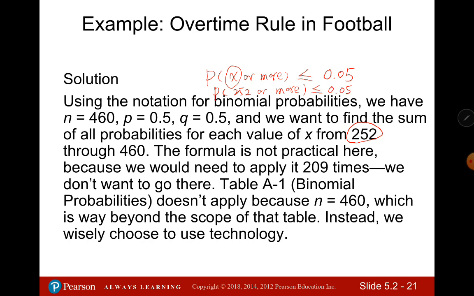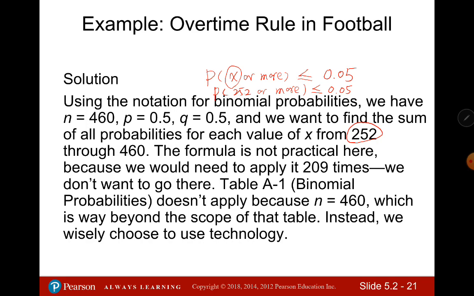It's almost impossible for us to use the formula to do this kind of thing, because here X is not a single value. X can be 252, can be 253, can be 254, and so on until 460.